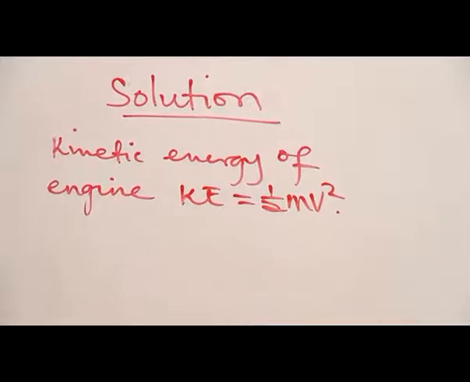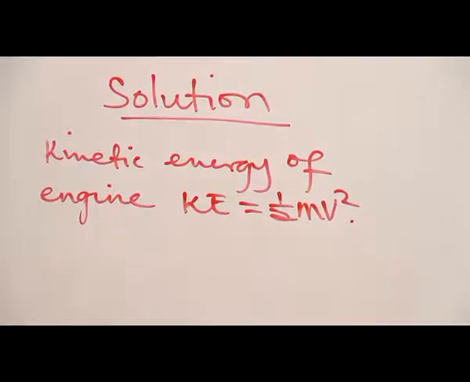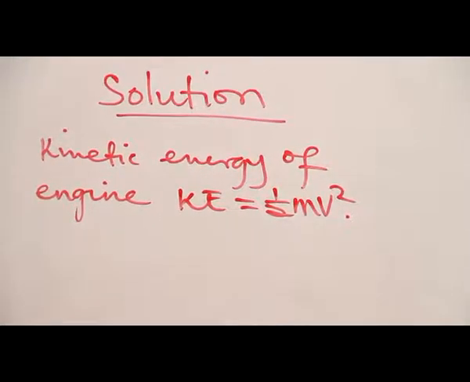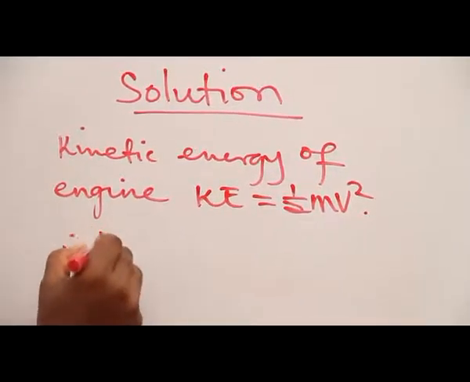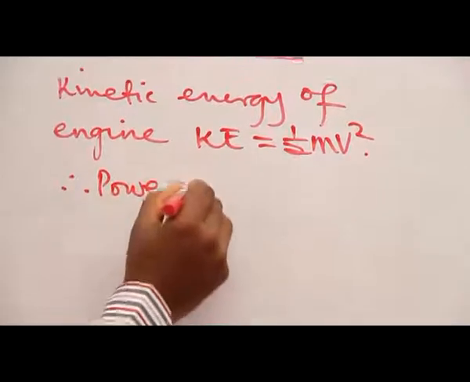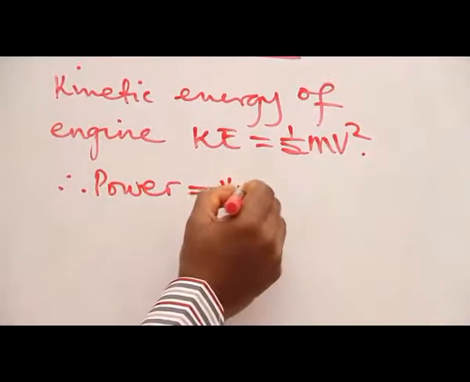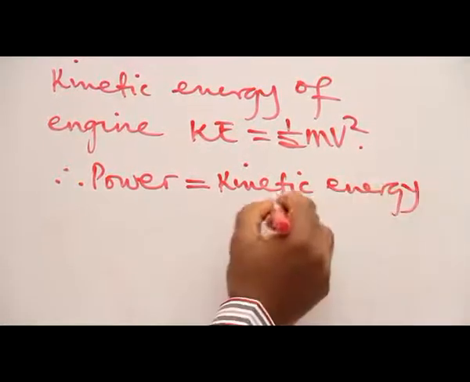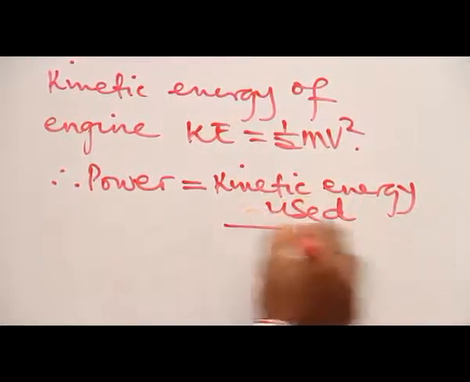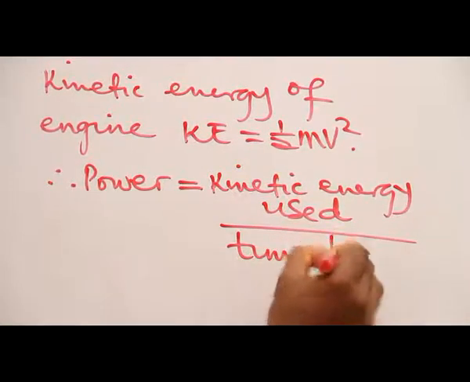Now this energy is used for a particular period of time to acquire the power. Therefore, the power of the engine is equal to kinetic energy used divided by the time taken.